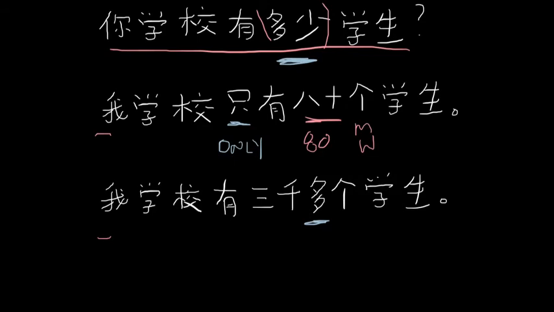So what you're saying here is 我学校有3000多个学生, more than 3,000 students. Anytime that 多 follows a number, in this case 3000, it means more than.